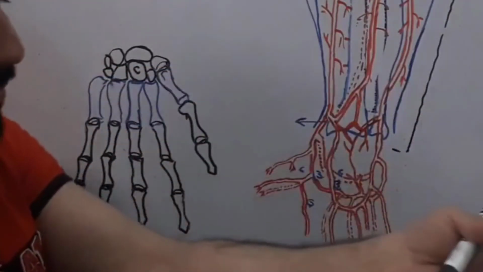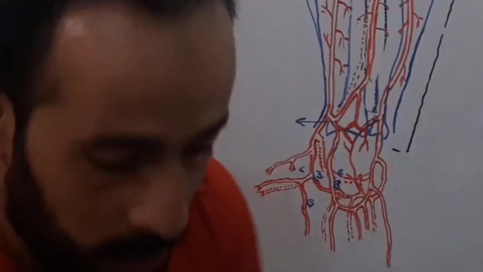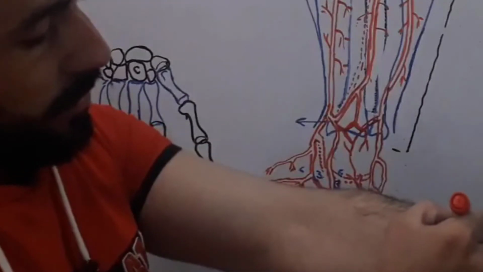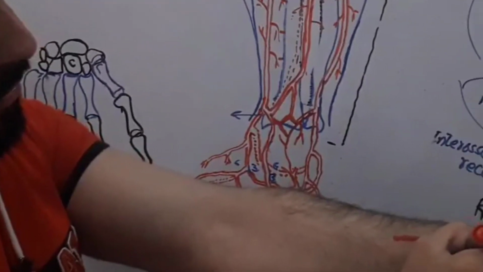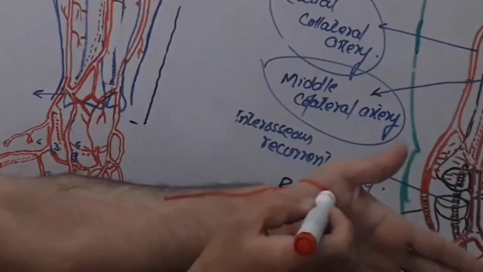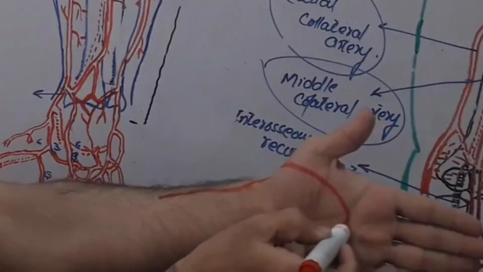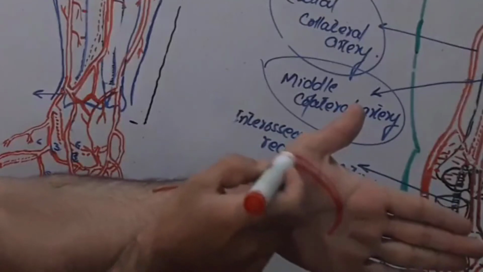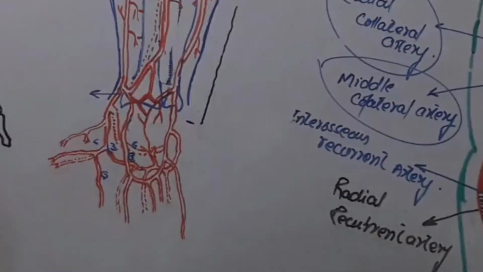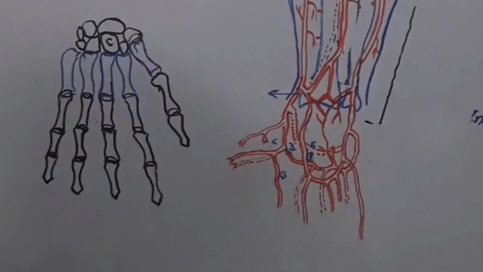I will show you right now in my hand. Look carefully. This is our radial artery, right? So it comes down like this and it gives a branch and it goes deep in the palm, right? Like this. So we call it the deep palmar branch, right?